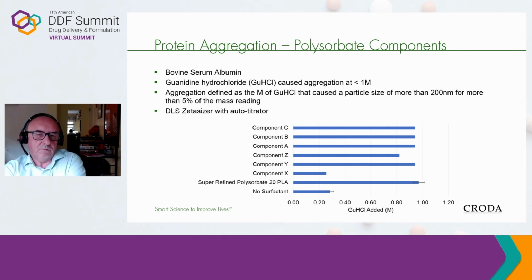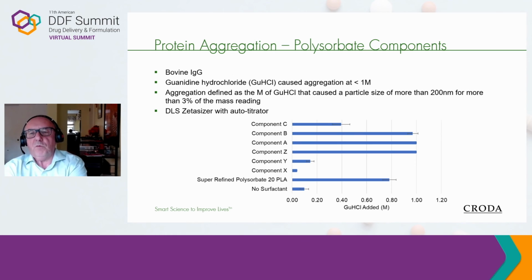And you can see from these results that component X offered little protection to aggregation, but all others did. Moving on to the next protein, which is bovine IgG. We've done a similar study here.